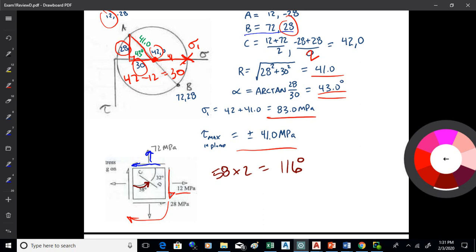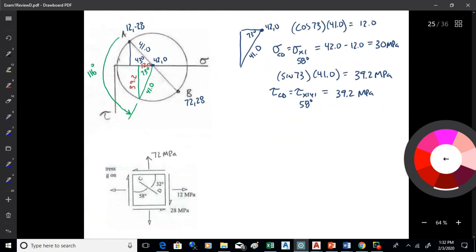So it's 58 on the element, but the circle is just a model to run the equations with. It's just a graphical model of the equations. The equations are based on angles of 2 theta. So I take that 58 counterclockwise and I double it and I get 116. So I'm going to start at A, which represents the vertical plane, and then go counterclockwise twice 58.